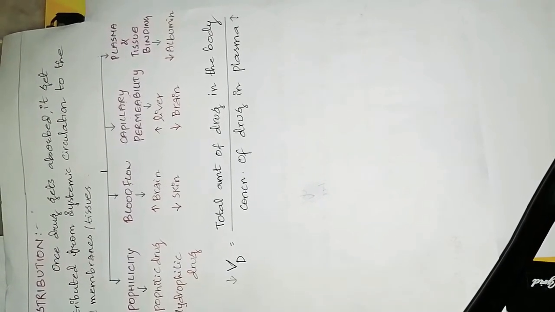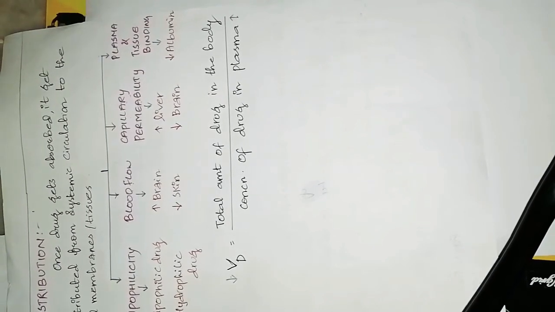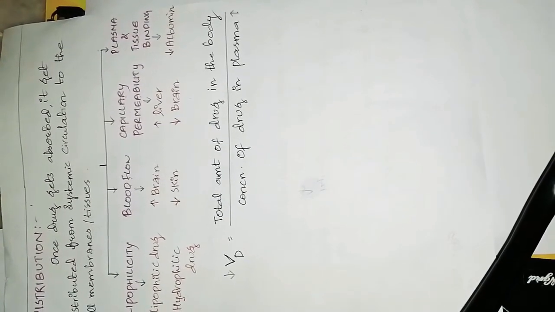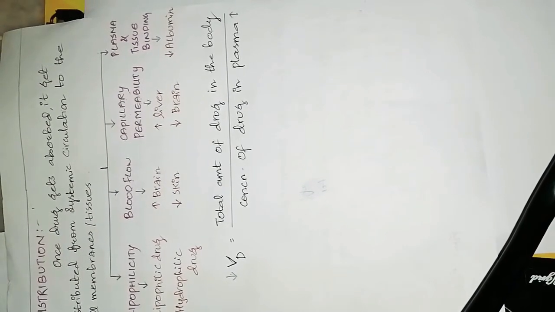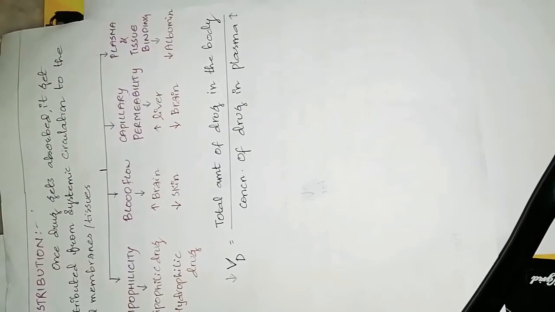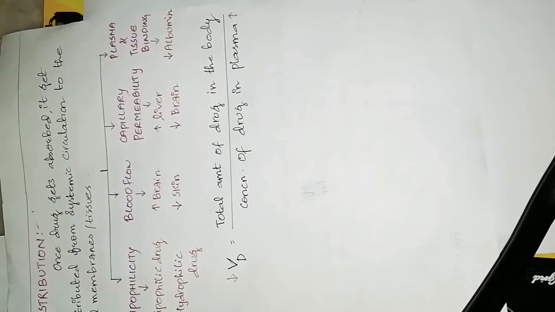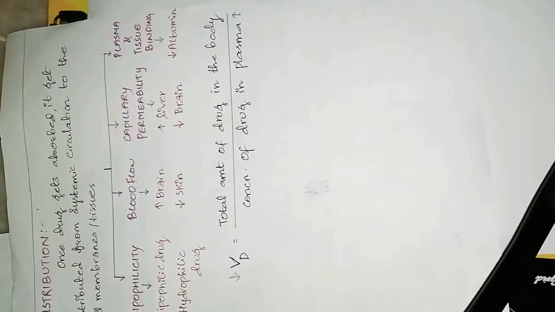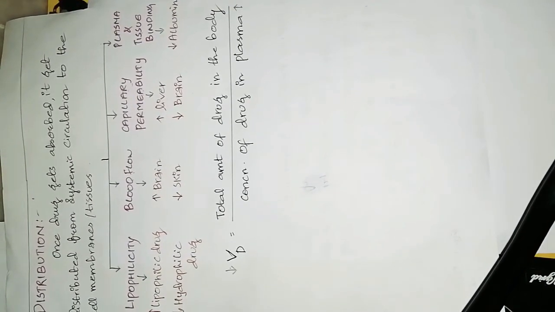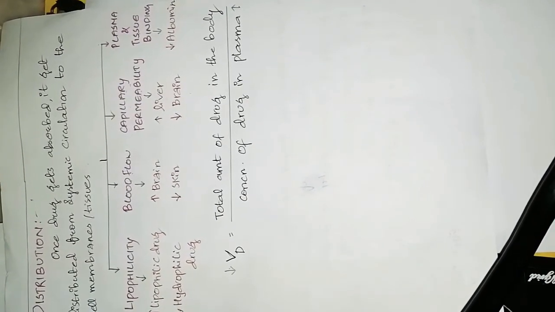If the concentration of drug in plasma is high, then the volume of distribution is less. If VD is more, then more of the drug should be administered to achieve the desired drug concentration. Hope you people got a clear idea about absorption and distribution.